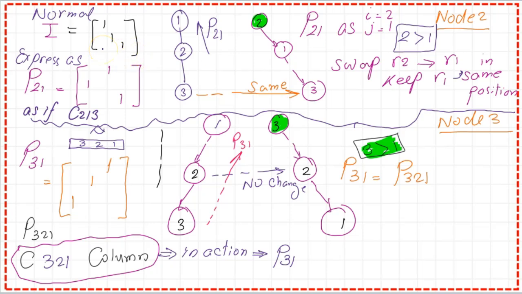This is the case: the identity matrix prior to change, and as P21, it will be expressed as 0, 1, 0, 1, 0, 0, 0, 0, 1.